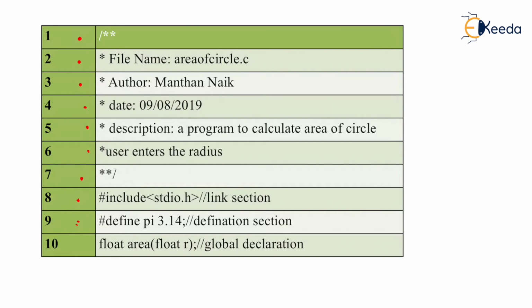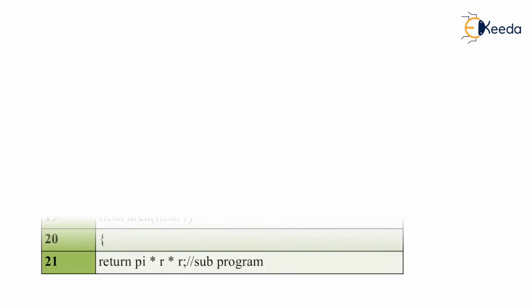Then in the 9th line, we are specifying the definition section, defining the global variable pi with the value 3.14 using the preprocessor directive #define. Then using a global declaration, I am also defining the user-defined function as float area(float r). So the function name is area, the return type is float, and the parameter is r.